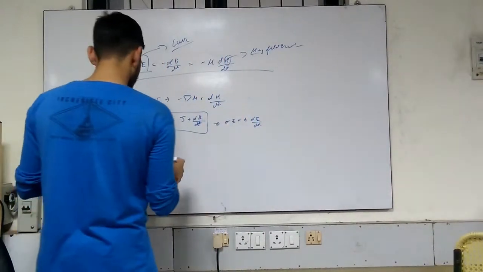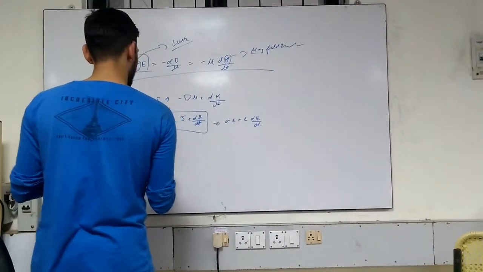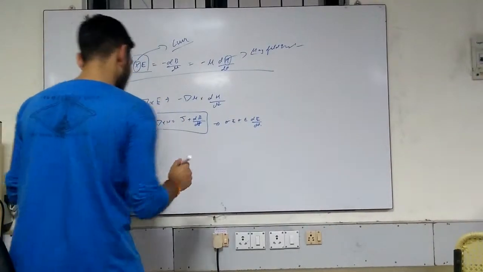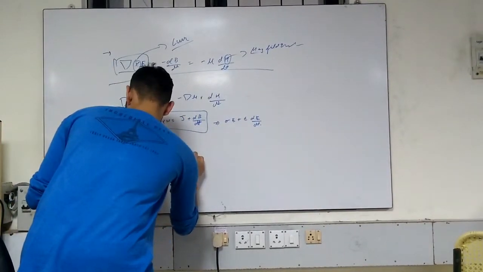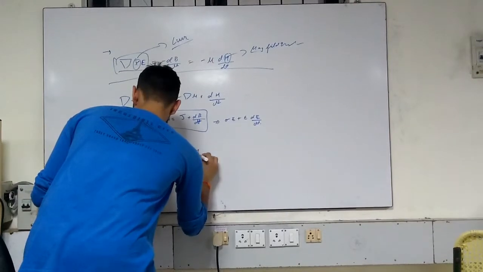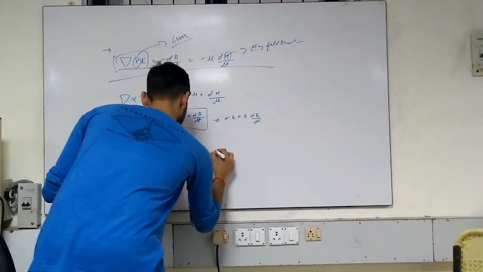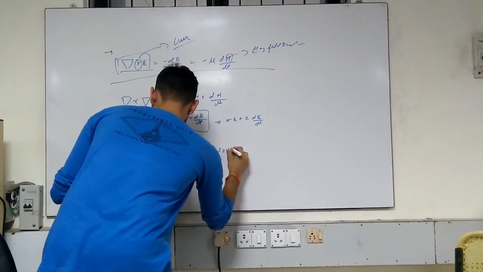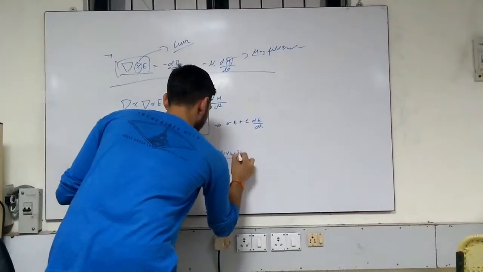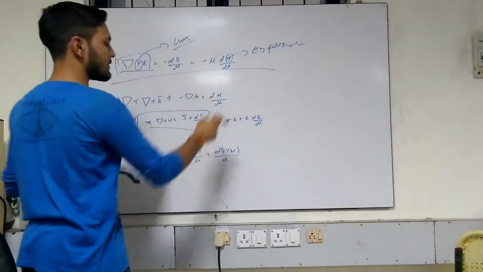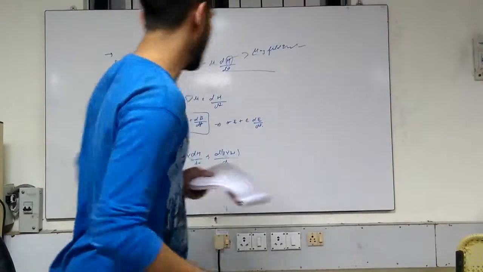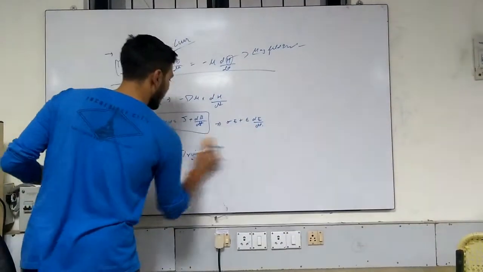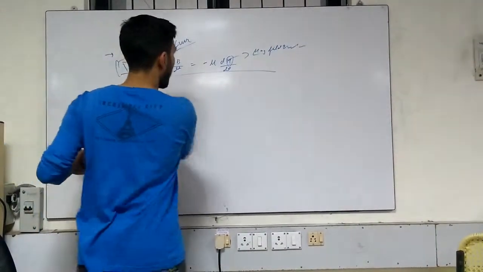Now after this, if we differentiate this equation with respect to time, we get that del cross dH by dt is equal to d by dt of del cross H. Since the cross product has been taken inside, I can say that this thing has our main thing. And now we continue on this.